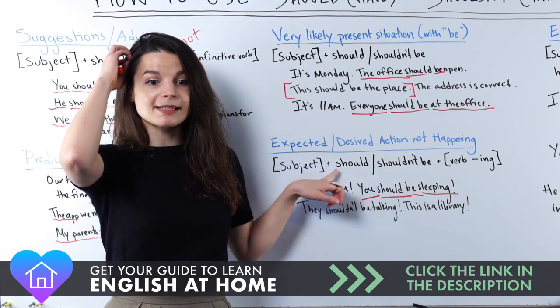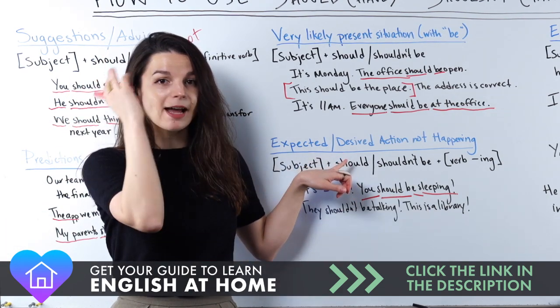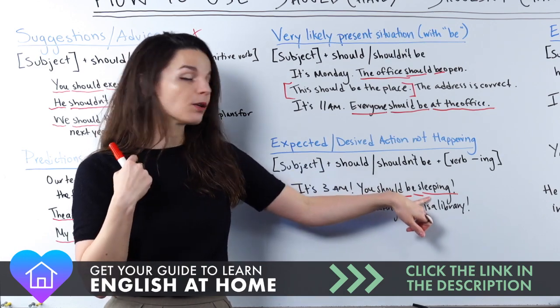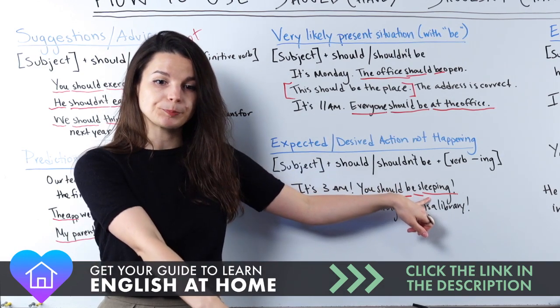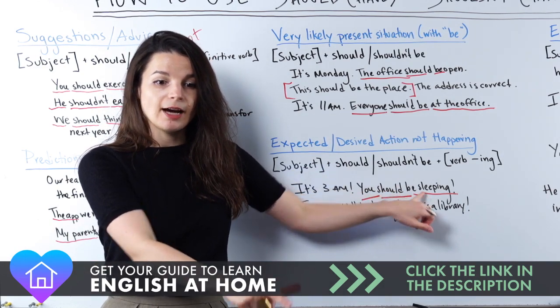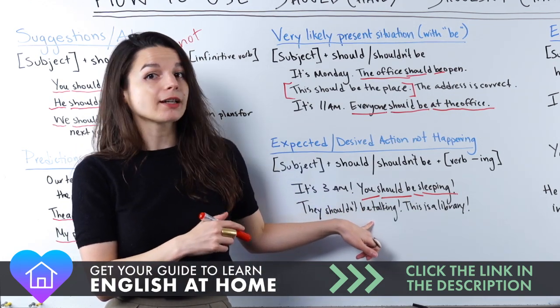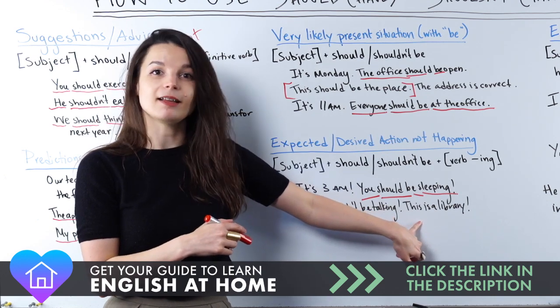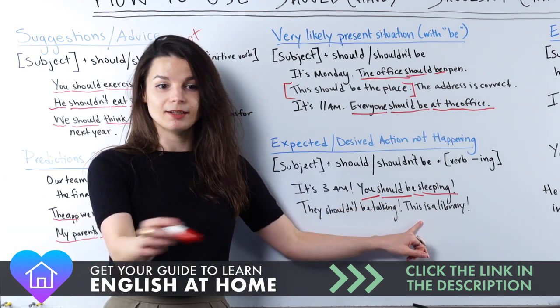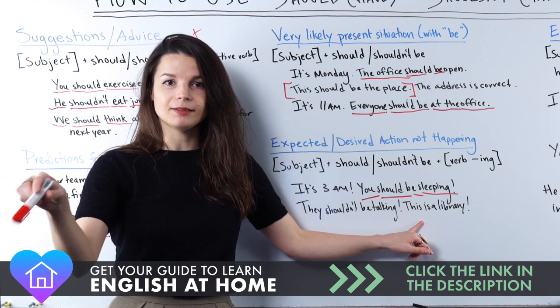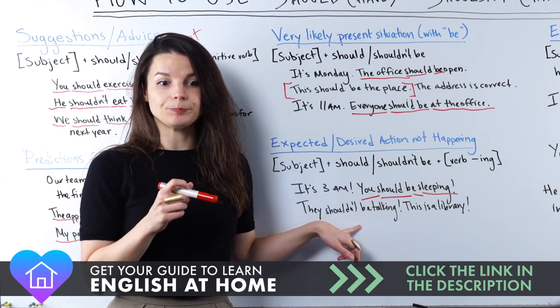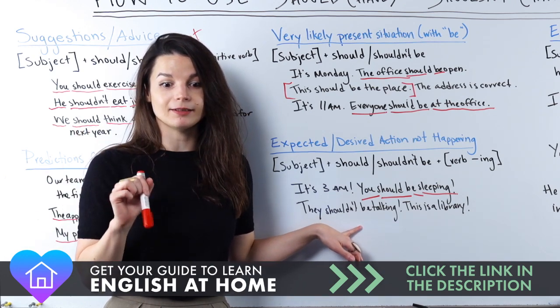The parent has this desired action, this desired state. They express it with this. You should be sleeping. You can use this. Another example. They shouldn't be talking. This is a library. In this situation, the speaker is in a library. Maybe a group of people is talking very loudly.